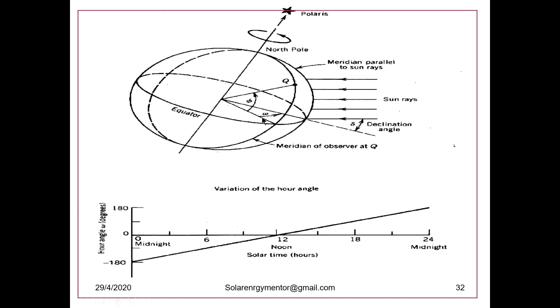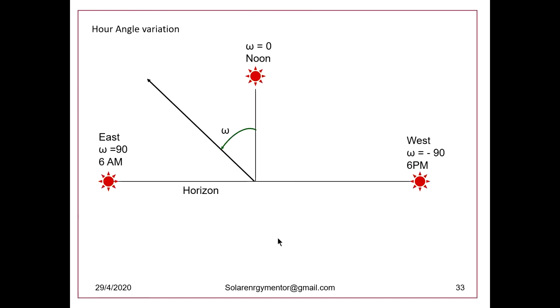So meridian of the observer and meridian of the sun. So this is omega, and this is latitude phi, location and angle between. We have already seen this latitude angle. Now omega or hour angle varies from -180 to +180. At 12 noon omega is 0, that is hour angle is 0, that we will see.